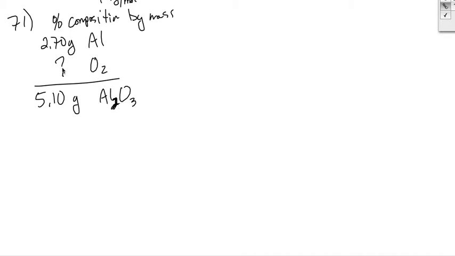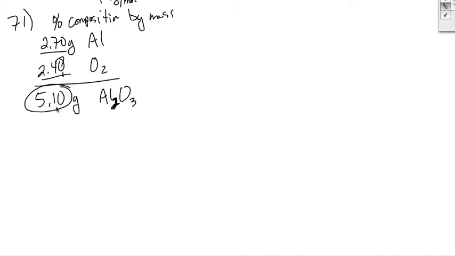So, all you have to do here is look. Conservation of mass tells me that if I've got 2.7 of aluminum, then the rest of it has to be oxygen to make up this total. So that's got to be 2.4, right? Give me my 5.10.